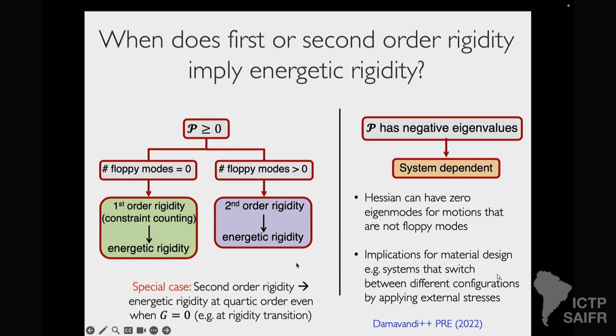If P, the pre-stress matrix, is not positive definite, if it has negative eigenvalues, then it's system dependent. In some numerical examples the Hessian does have zero eigenmodes and sometimes it doesn't. We don't have a general theory yet for this case, or for when we can place bounds on it.